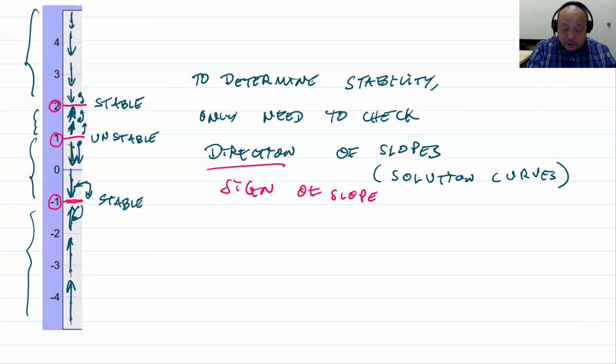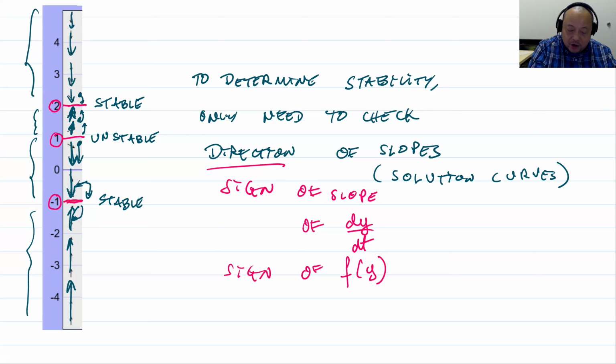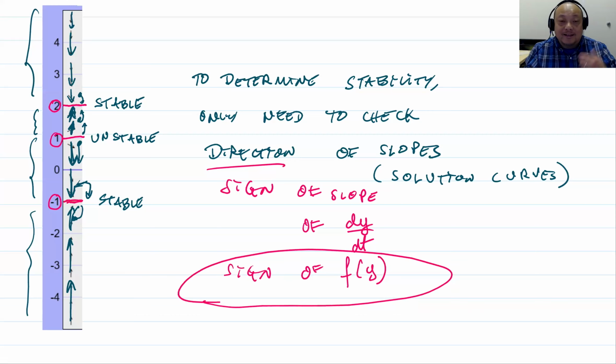And the sign of the slope means the sign of dy/dt. And what is dy/dt supposed to be equal to? It is supposed to be equal to f(y). And that means at the end of the day, all I really need to do is check the sign of f(y), and I can figure out the stability of the equilibrium solutions.